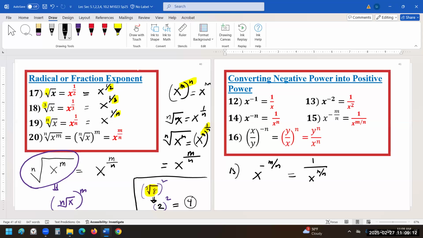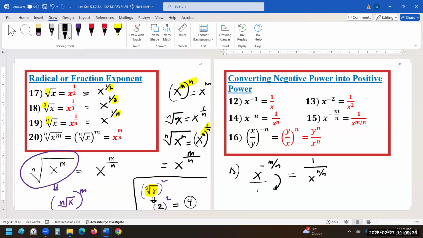Everything is on the numerator because we have one on the denominator. So when you turn them into a fraction, we are basically changing its position. We have the negative part on the top. If you bring it down, it becomes positive.